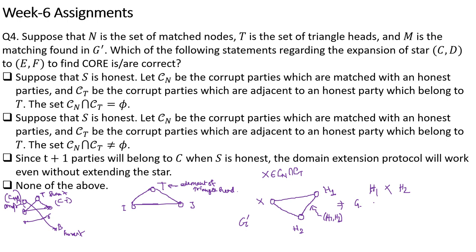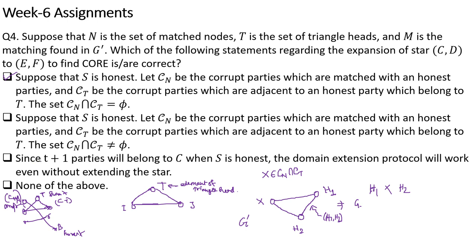So there cannot be such a node X in the system of n parties which is an element of both Cn and Ct. So our first option is actually the correct option, that the intersection of Cn and Ct is a null set. Clearly the second option is wrong.